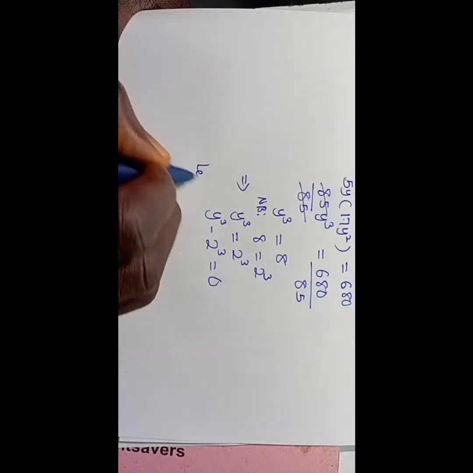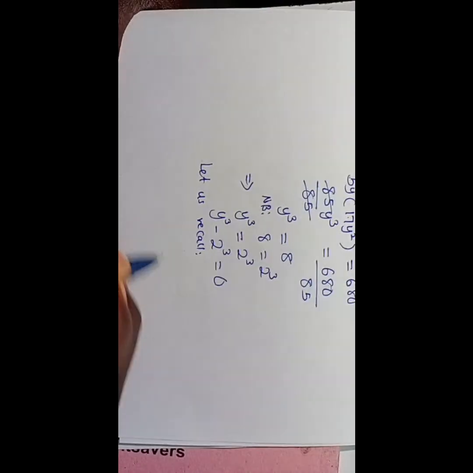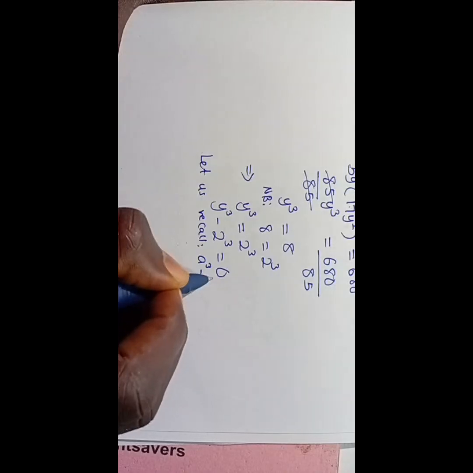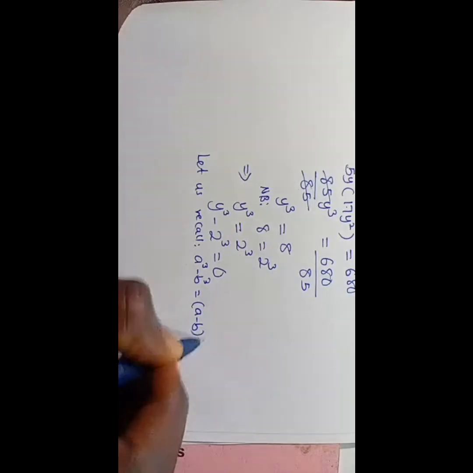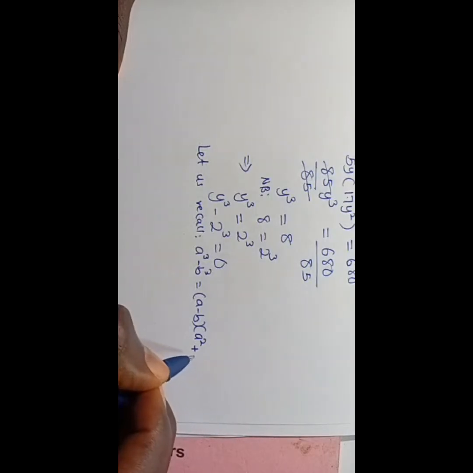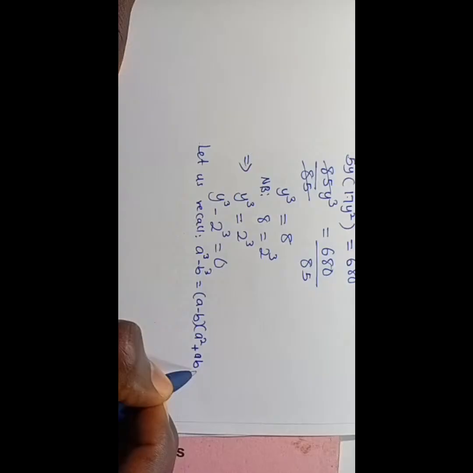Then let us recall that a³ − b³ equals (a − b)(a² + ab + b²).